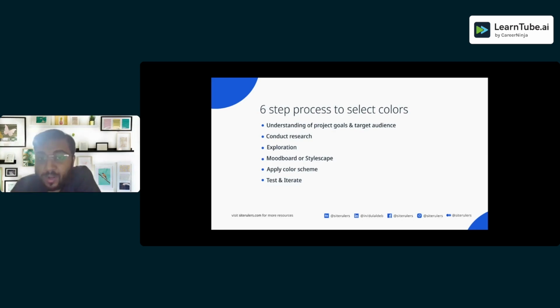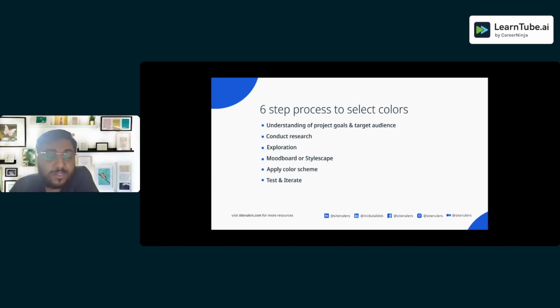And the primary colors, definitely you can apply on your primary buttons, CTAs, etc. You can also incorporate your secondary colors into icons or illustrations, where certain graphical elements are there in your UI. It can also be used to create certain shadows or gradients. There also you can apply your secondary colors.